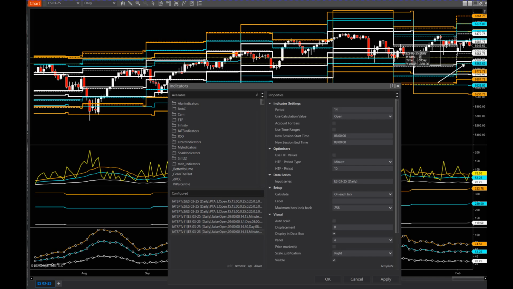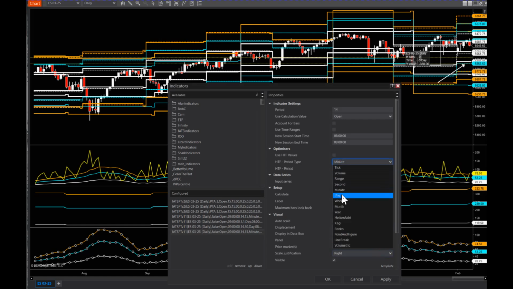So 5 and 4 is 9, and 5, 14. So we can change our day to 14 and see how many points are in that term structure.